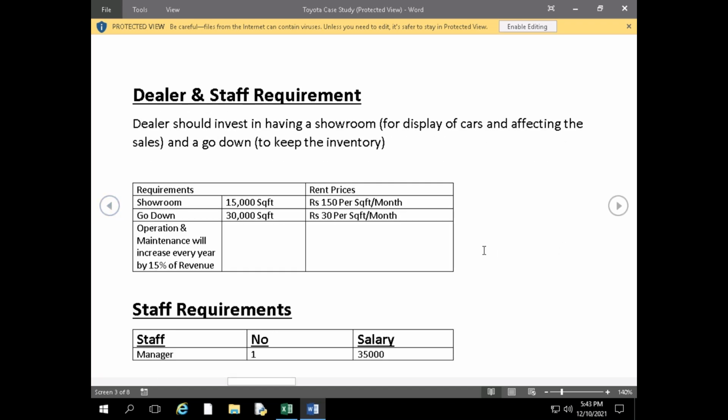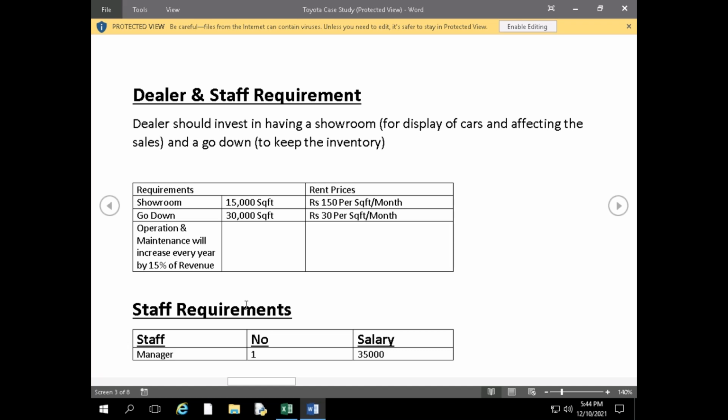Dealers should invest in a showroom for display of cars to affect sales, and a godown to keep the inventory. Requirements: showroom 15,000 square feet, godown 30,000 square feet. Rent per square foot is 150 per month for the showroom, 30 rupees per square foot per month for the godown.